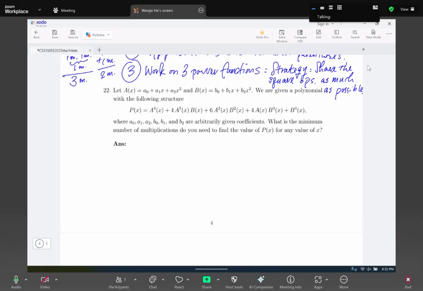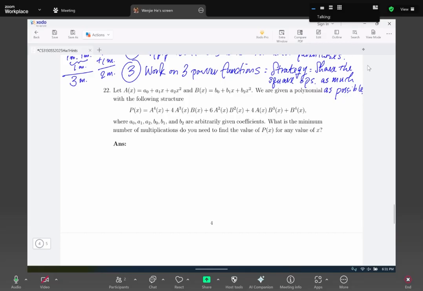In this question, first, you need to take advantage of the special structures. For questions like this, the structure is very important. You should not break the structure. Here, let me write it out.